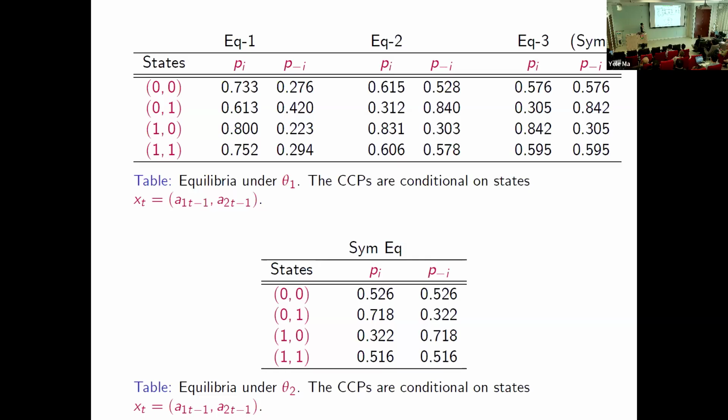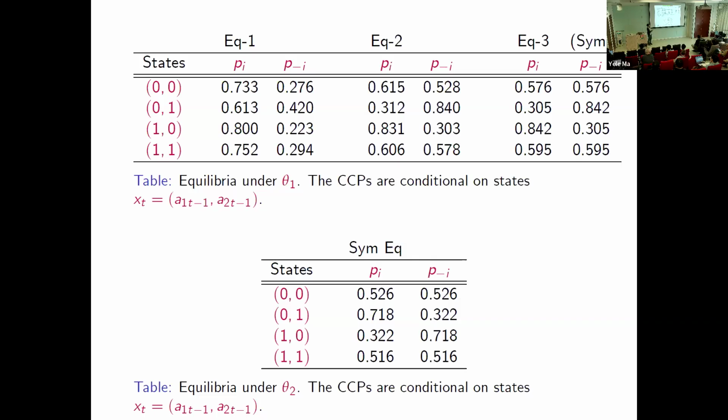Just to have an idea, if we look at the equilibria that Pesendorfer and Schmidt-Dengler's game generates, there are 3 equilibria. The third equilibrium is the symmetric equilibrium. What you see here is a slightly more precise version than Paul's because I have 3 decimal places, and this is important.